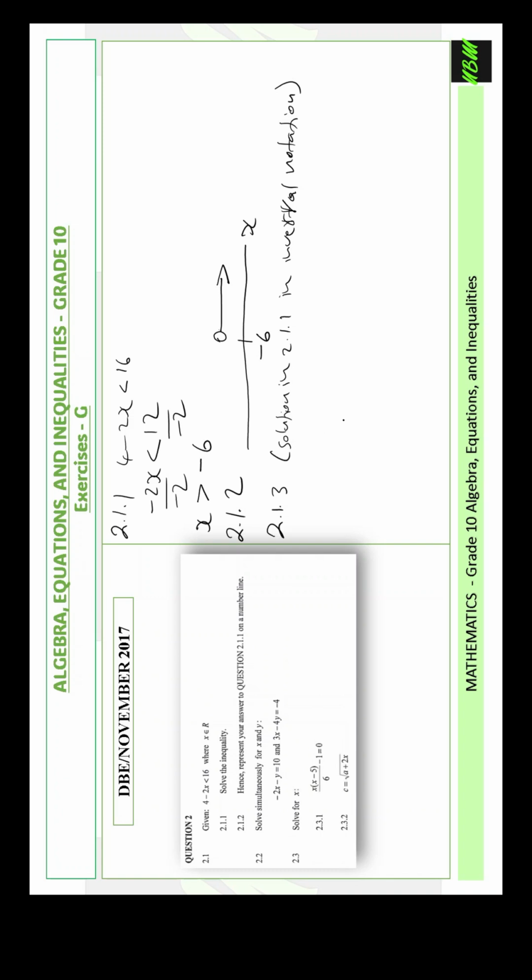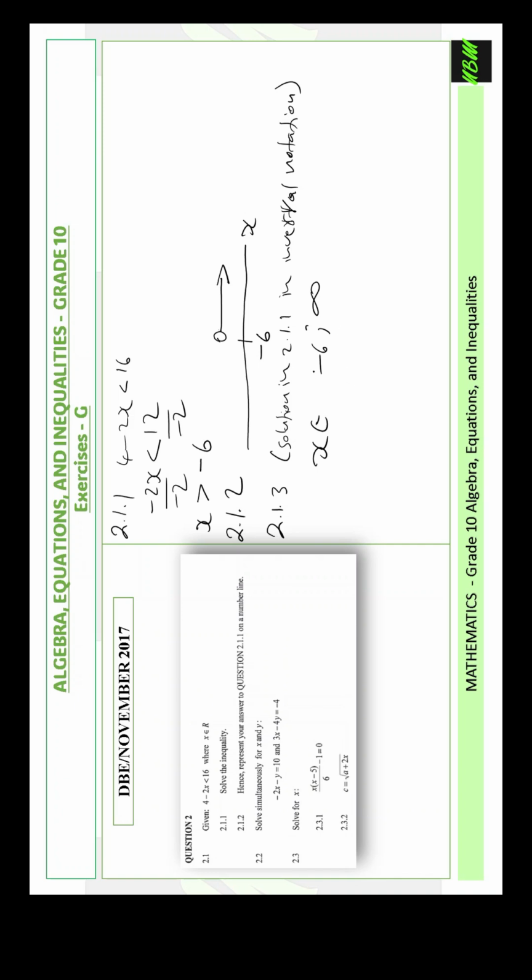We did that in the previous 2 questions. So our variable x, element of, remember from 2, is from where? From negative 6 to positive infinity.